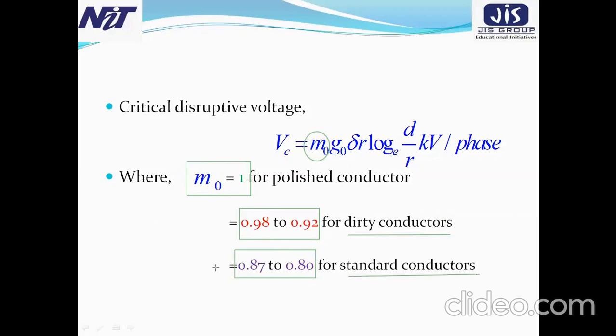These values are very important for the corona study and for finding the critical disruptive voltage. M0 equals 1 for a polished conductor; for a dirty conductor, M0 is 0.92 to 0.98; and for a standard conductor, M0 is 0.80 to 0.87. So you have to remember all these.